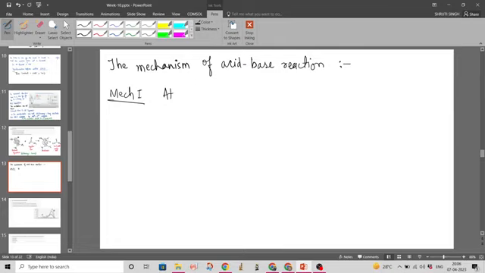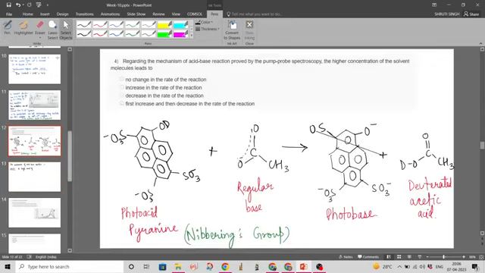Mechanism 1, at high concentration of acetate, which I'll refer to as B minus, this one is ROD, this one is RO minus, and this one is deuterated DB.